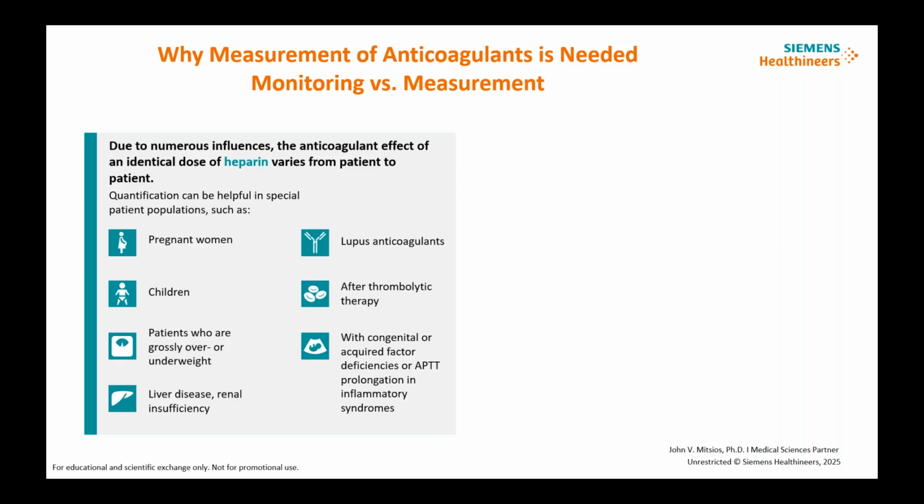Patients who have liver disease, right? I mentioned patients who are grossly over or underweight, extremely important to ensure that we're having the proper anticoagulant effect. Patients who have a lupus anticoagulant are at higher risk for thrombosis, and therefore these patients need to be monitored to ensure that they're properly anticoagulated to prevent an adverse event.